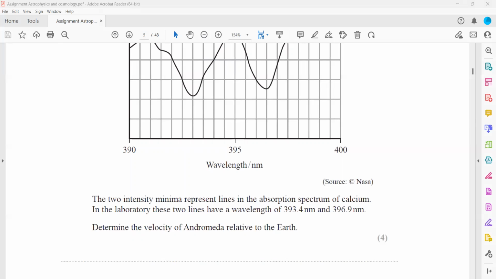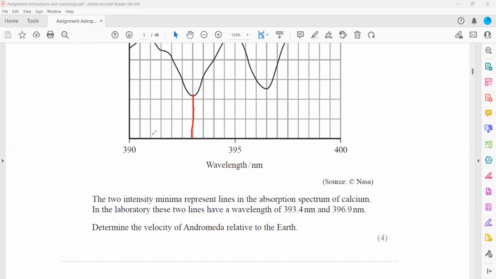So the change in the wavelengths. We have two lines, and in the lab these two lines are 393.4 and 396.9. So what is this line? Here there are 10 boxes, 1 2 3 4 5 6 7 8 9 10, so each is representing 0.5.